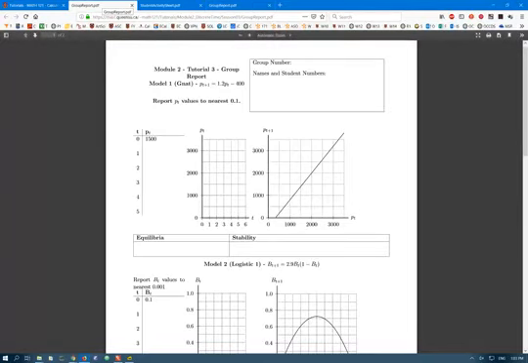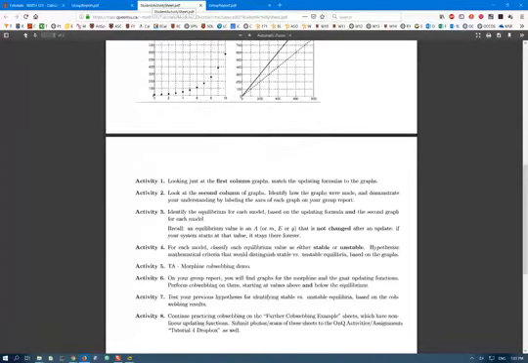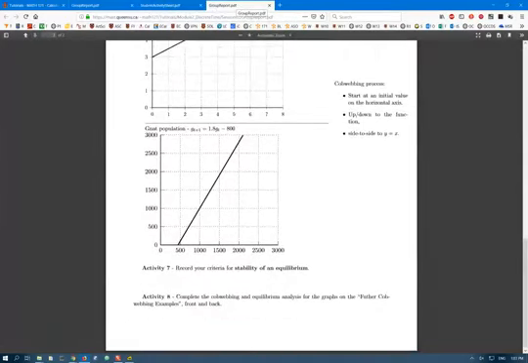There we go. Okay, now I feel like I'm there. We go. Cobwebbing process. It's on here somewhere.